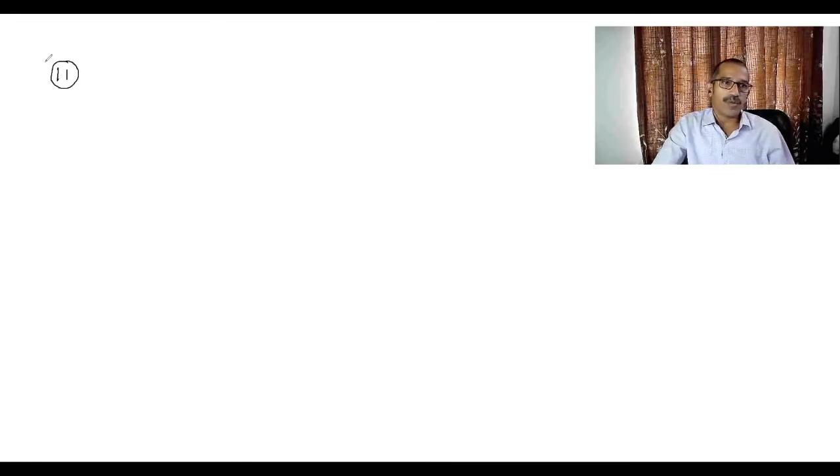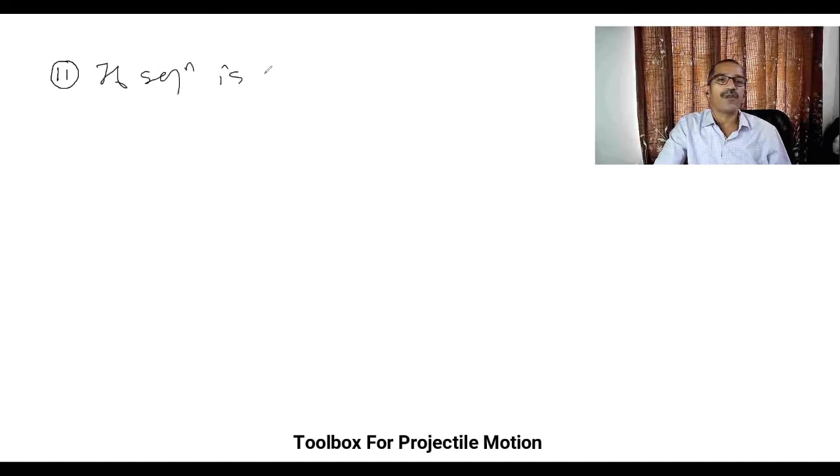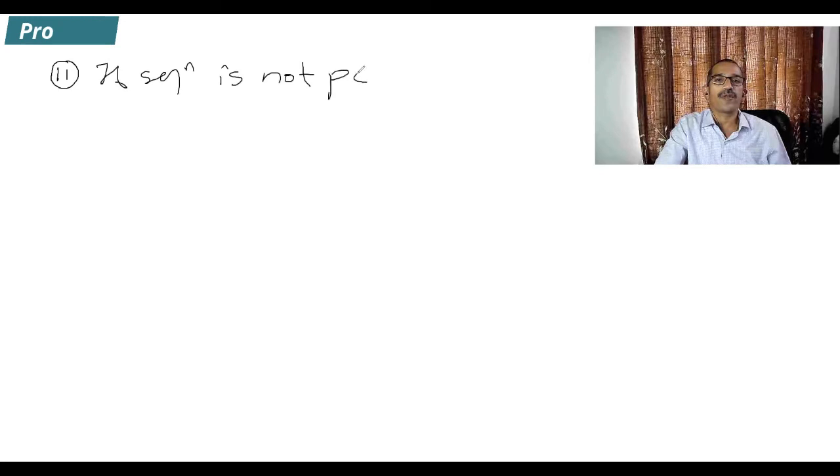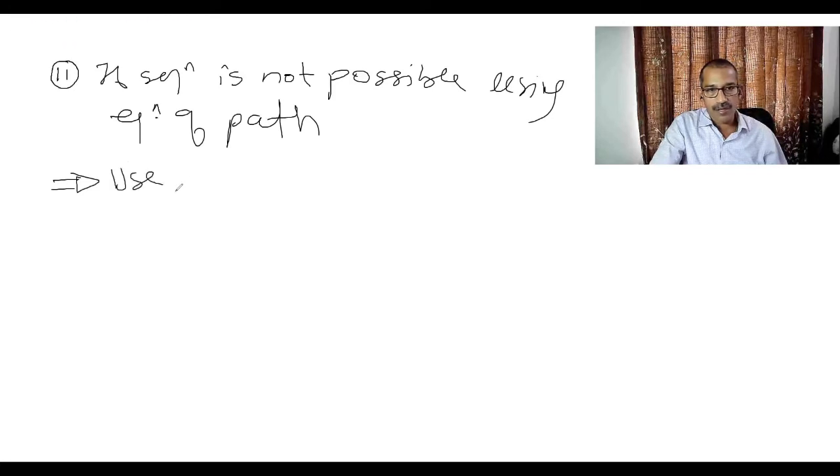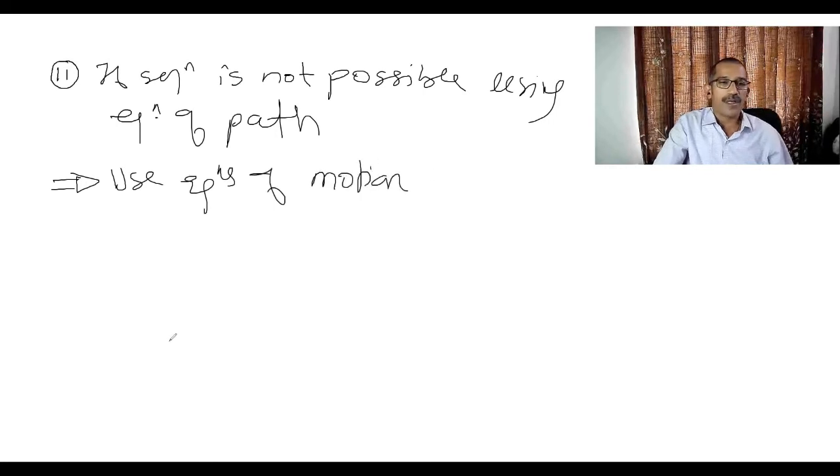Okay, now we are done with our equation of path. Now if the solution is not possible using the equation of path, then we will use our equations of motion for solving the problem.